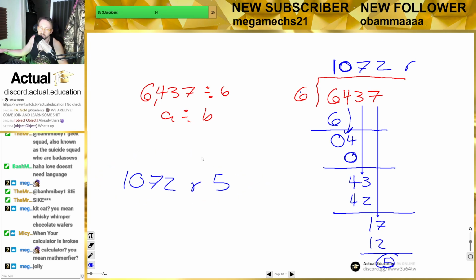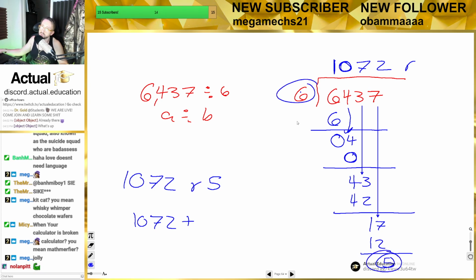Here's another cool way you can write this. Instead of writing remainder 5, you can write it as a number and a fraction. Do you know how to do that? Instead of saying remainder 5, I'm going to say plus, and then this divided by this. So I'm going to say plus 5 over 6.